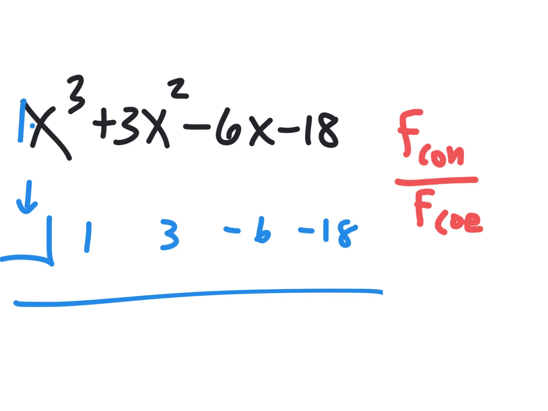Now there's lots of coefficients, but which one do you think is the boss coefficient? There's tons of coefficients. 1, 3, negative 6, negative 18. Oh, wait. Negative 18 isn't even a coefficient. Negative 18 is the constant. See, factors of the constant, the negative 18, over factors of the coefficient, which is the boss coefficient.